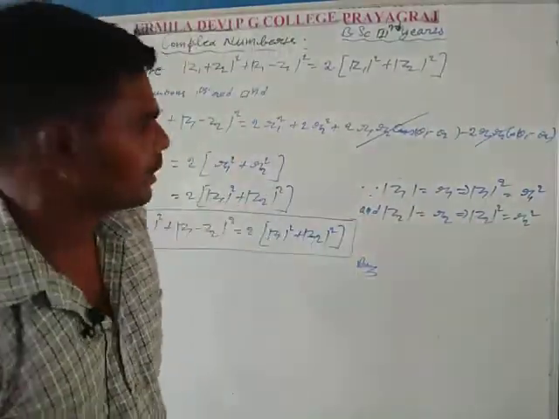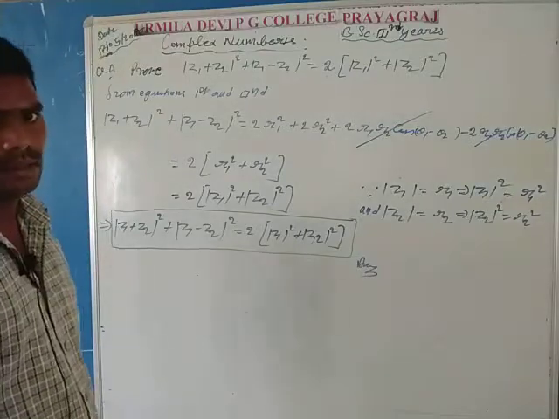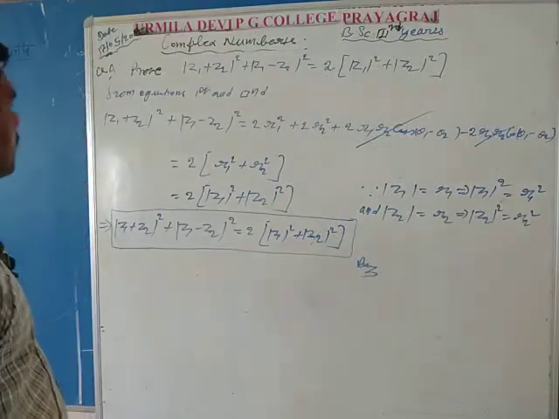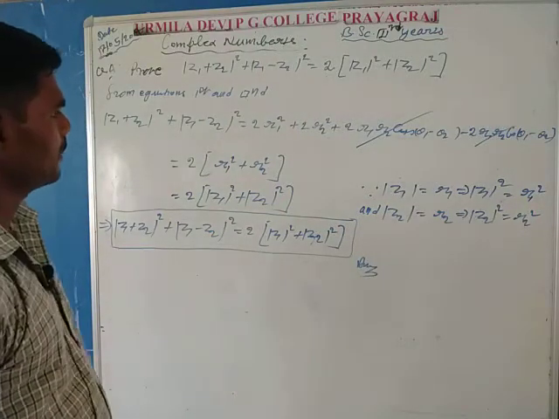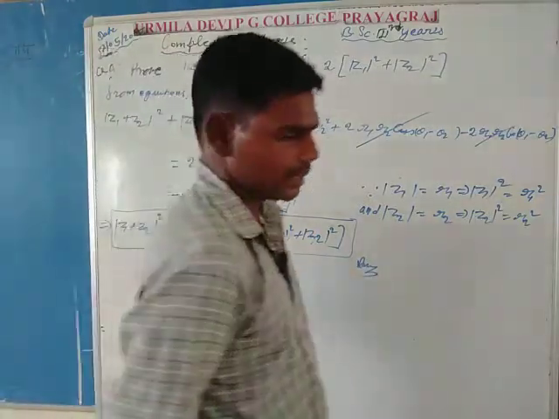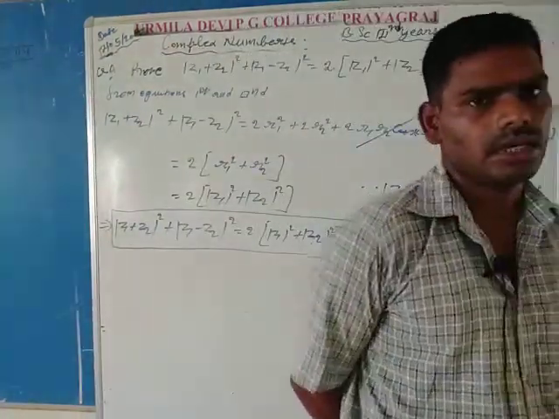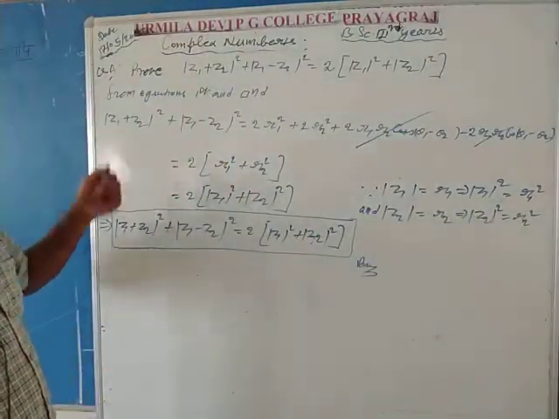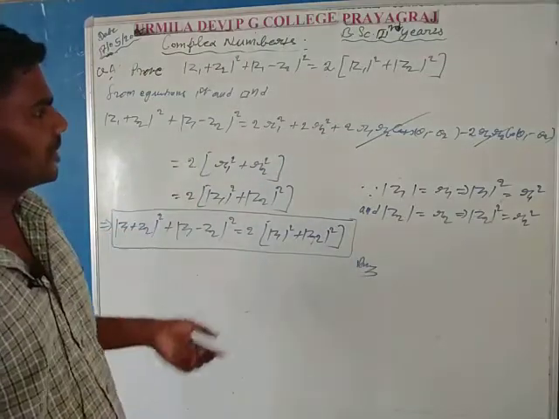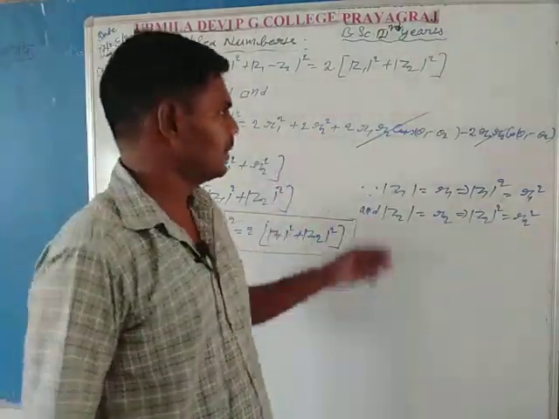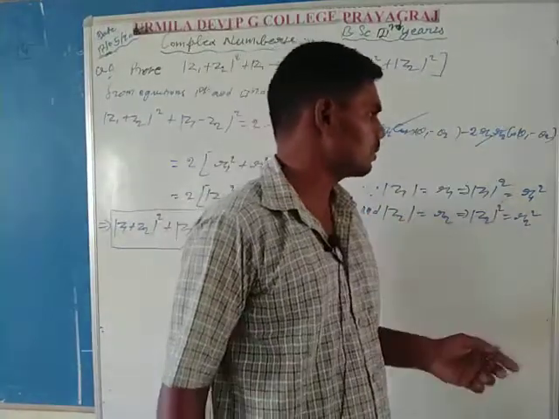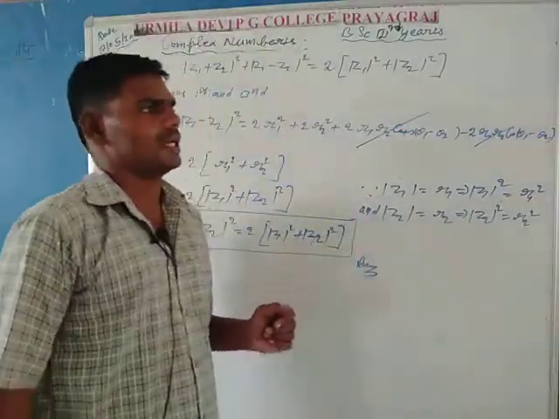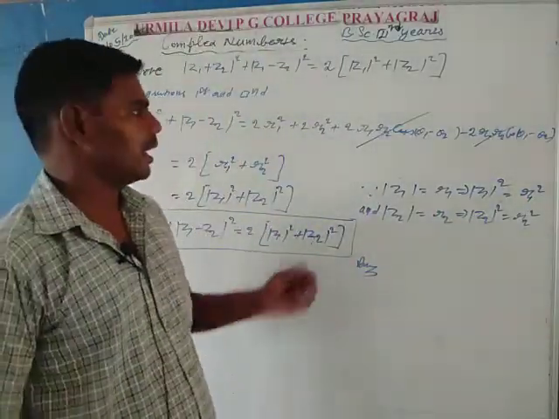After that, find the value of z1 plus z2 and the whole square of its modulus. Similarly find the value of z1 minus z2 and the whole square of its modulus, and those are represented by equations first and second. After that, from the first and second equations, find the value of mod z1 plus z2 square plus mod z1 minus z2 square, which is equal to this. Here 2 times r1 r2 cos theta 1 minus theta 2 and minus 2 times r1 r2 cos theta 1 minus theta 2 cancel each other due to positive and negative signs, and the remainder is this.